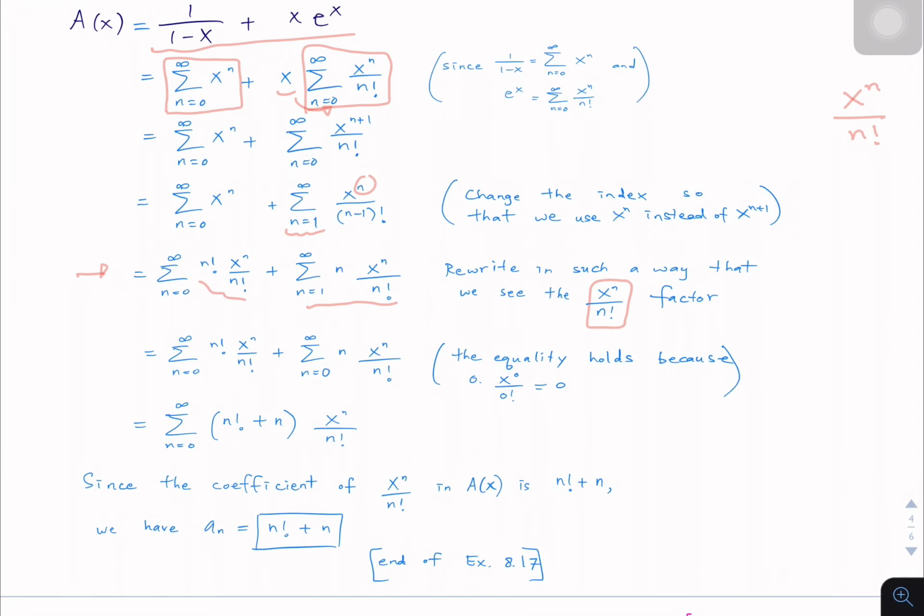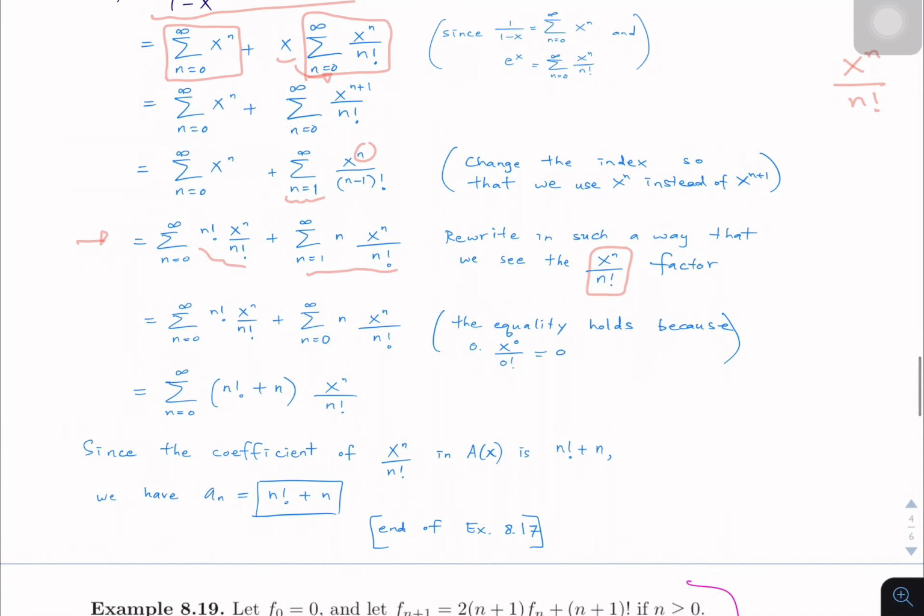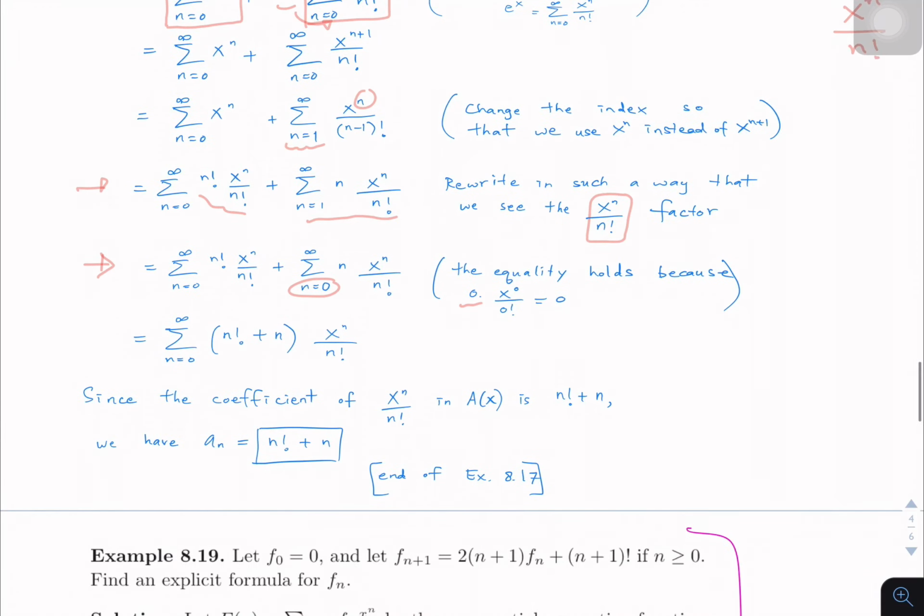And in this part, I changed the starting index again to start at 0 because I want the first and second part to be the same. And now this equality holds because 0 times anything is 0. And now I can combine the two summations into one summation.